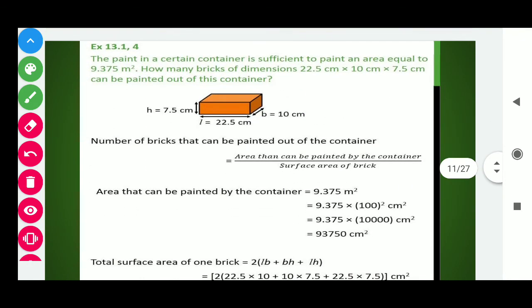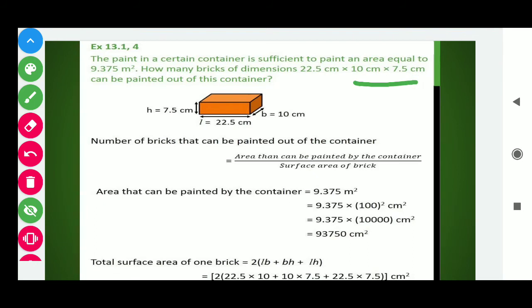Now here we have the next question. The paint in a certain container is sufficient to paint an area equal to 9.375 square meter. How many bricks of dimensions 22.5 centimeter cross 10 centimeter cross 7.5 centimeter can be painted out of this container?